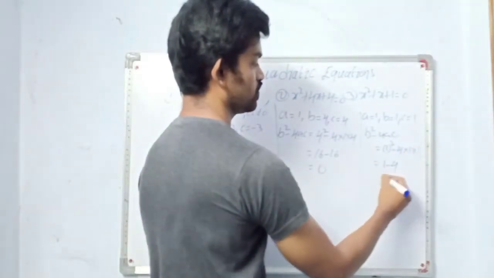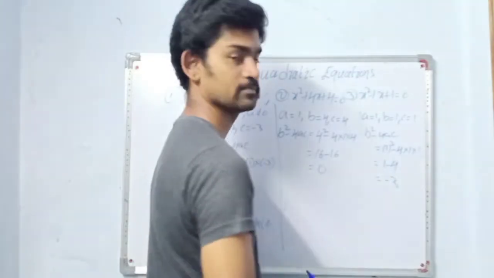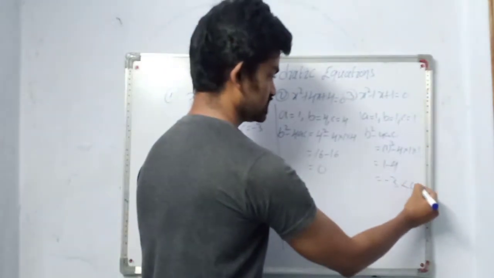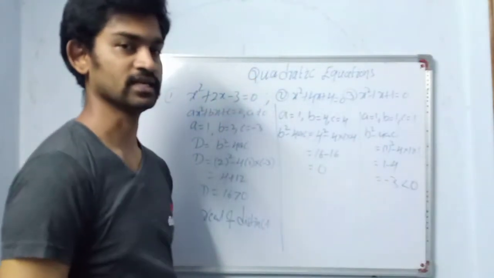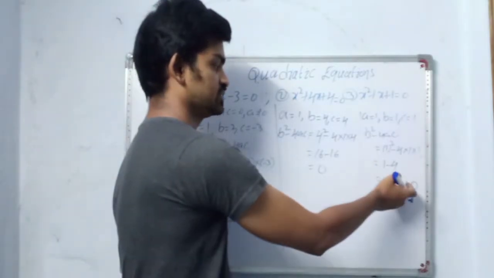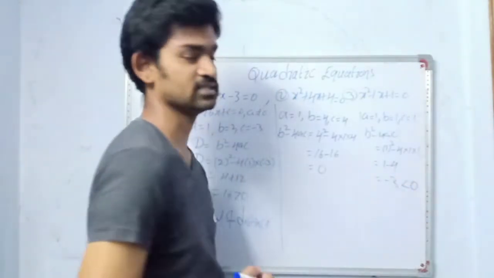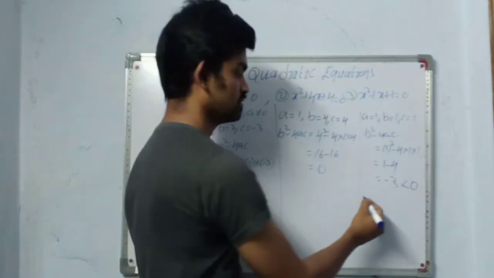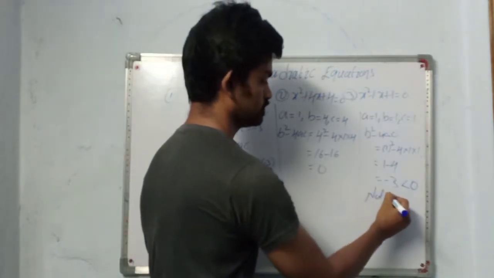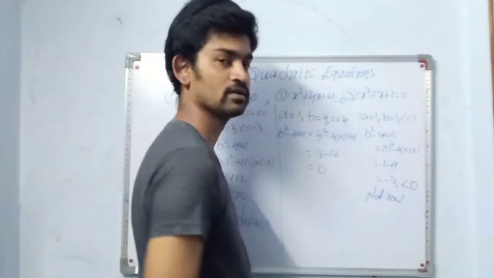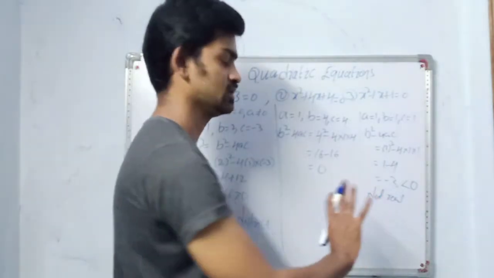So 1 minus 4 is minus 3, which is less than 0. When b square minus 4ac value is less than 0, roots are not real. Just write not real.